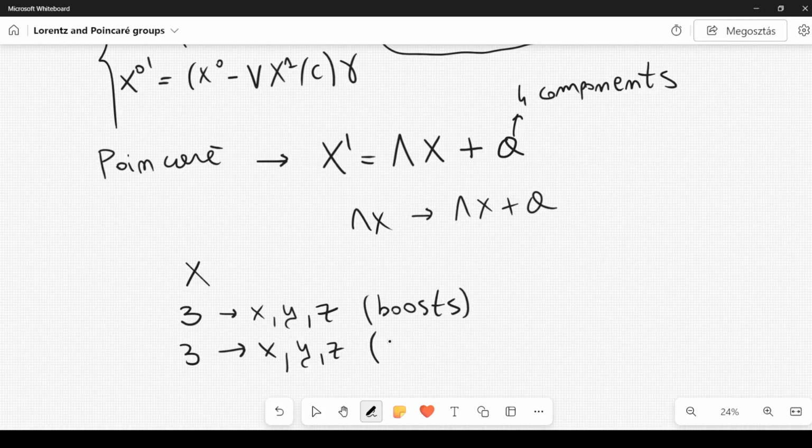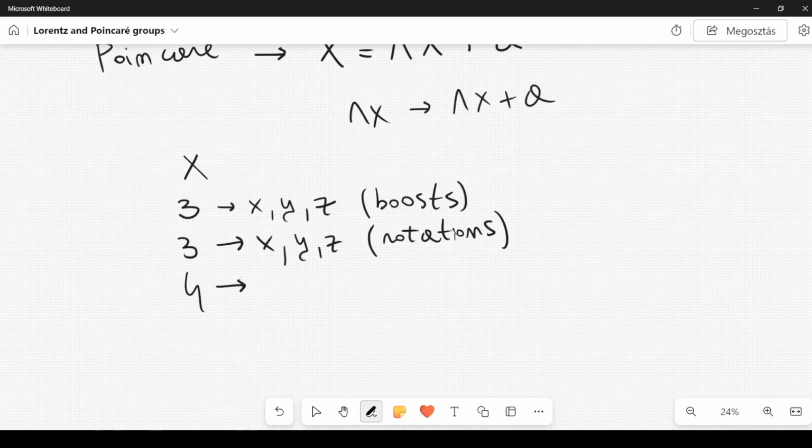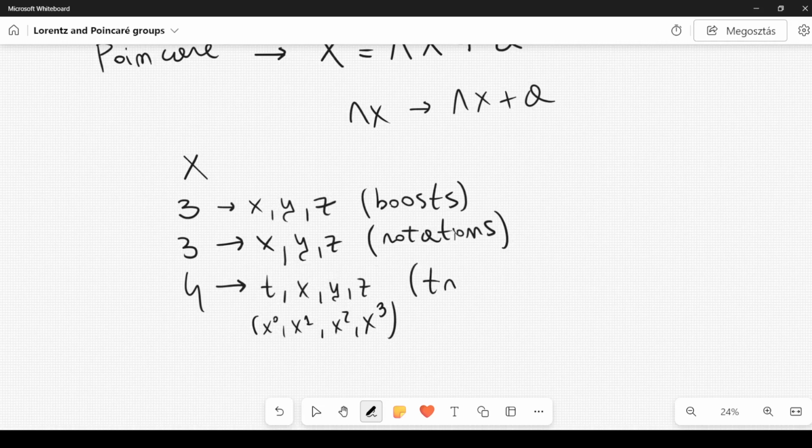So we have 3 boosts and 3 rotations, so we have 6 independent parameters. And then we might also have other 4 independent parameters which describe a translation. So we have another 4, and this is not along x, y, and z. This is along t, x, y, z. It is along, if you want, x0, x1, x2, x3. So we have translations along the time direction, along the x direction, and so on. So these are translations.